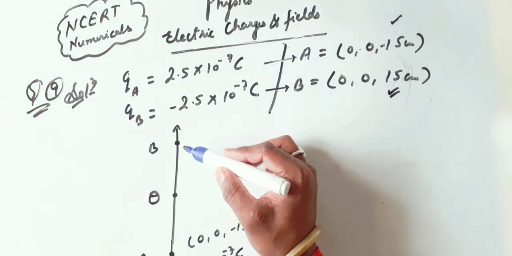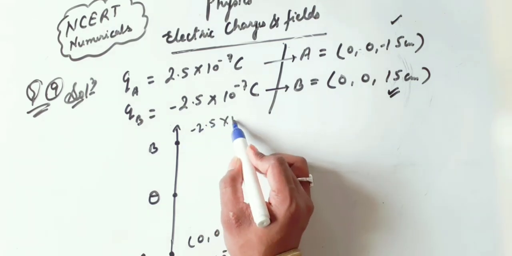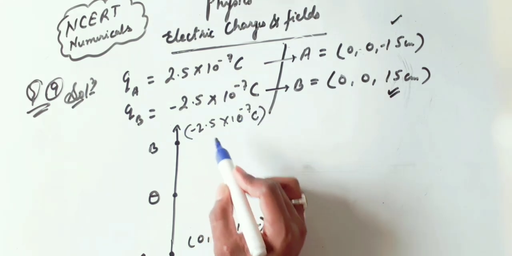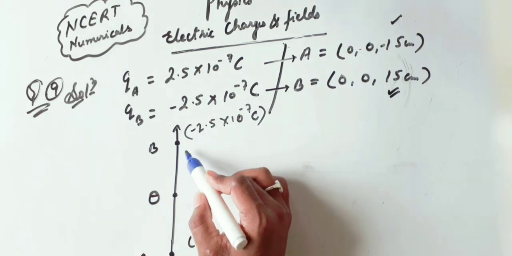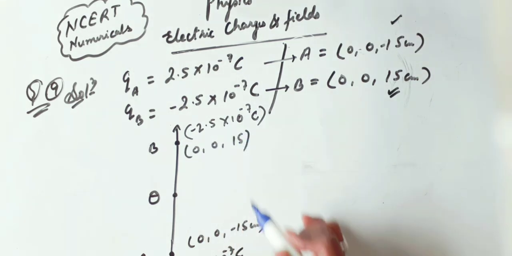The other charge, placed at point B, is minus 2.5 × 10^-7 coulomb, and its position vector is 0, 0 and 15.